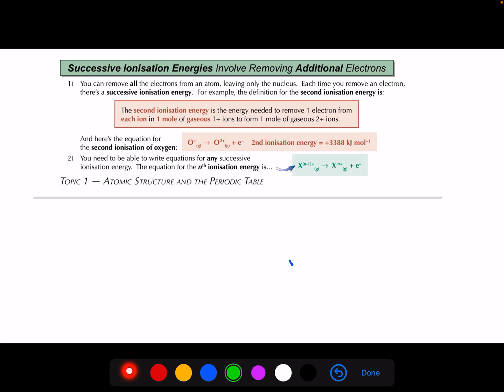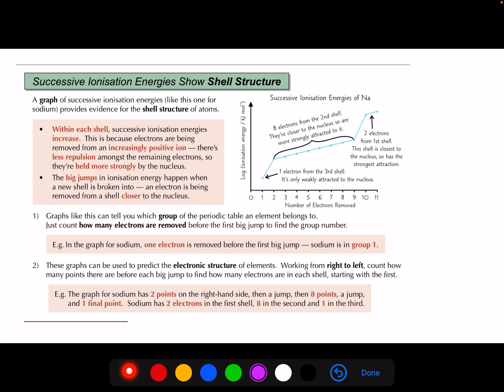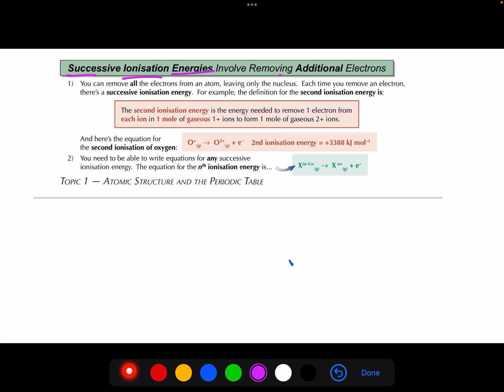The second part of this video is about successive ionization energy. Again, just go through the name, successive ionization energy. So basically, I'm removing additional electrons. You can remove all the electrons from an atom, leaving only the nucleus. Each time you remove an electron, there is a successive ionization energy.